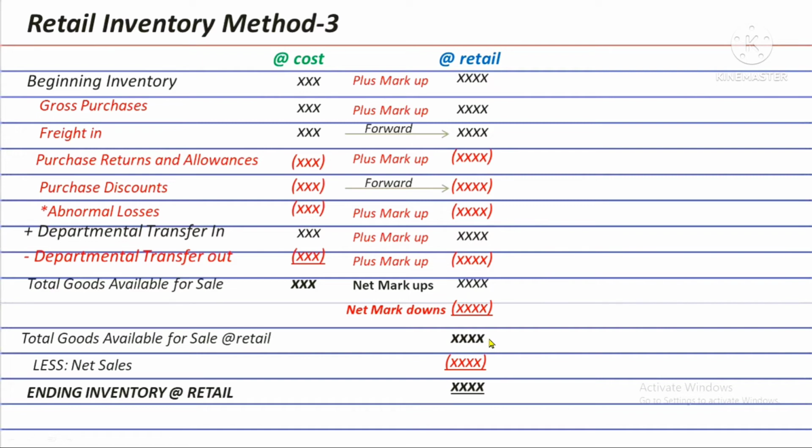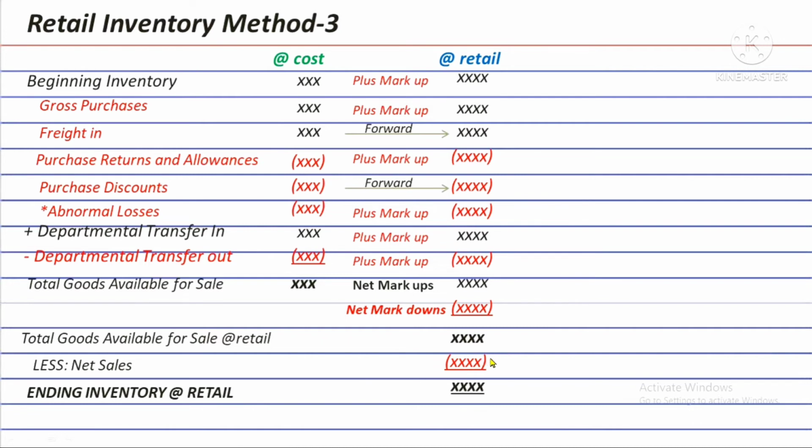So what will you do? If this is the available for sale for the year, then deduct all that was sold during the year. And then you're going to get the remainder, or the ending inventory at retail. Okay? However, this net sales has components and we still need to study them all one by one.